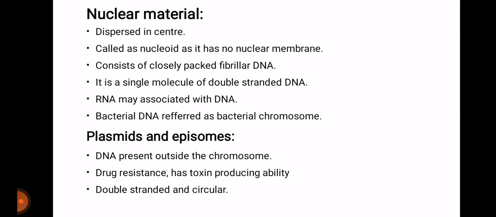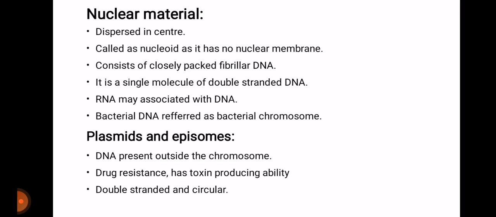And the next one is plasmids and episomes. In many bacteria, DNA is present outside the chromosome, that is, outside the nucleoid. Such extrachromosomal DNA is referred to as plasmids or episomes.